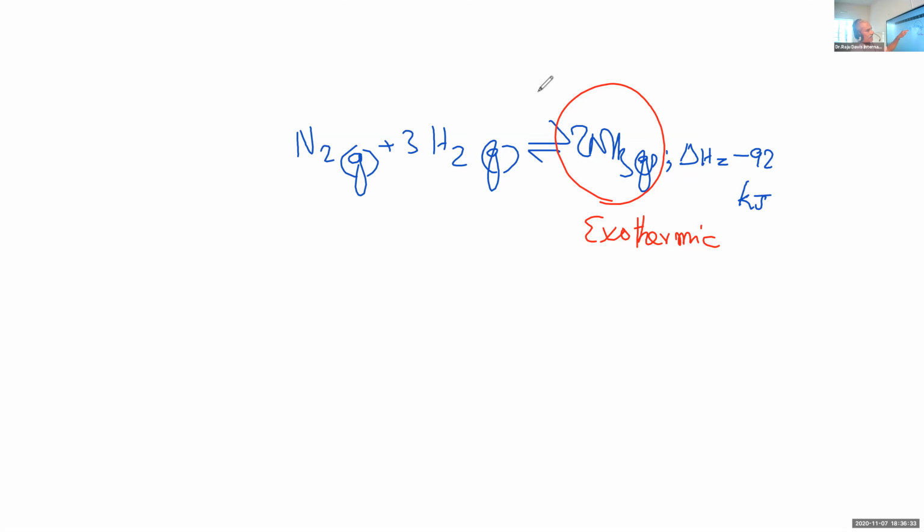And here the forward reaction is exothermic. Why? Delta H is negative. You need not study the value, but you have to remember the sign. That is important. So formation of ammonia is exothermic.